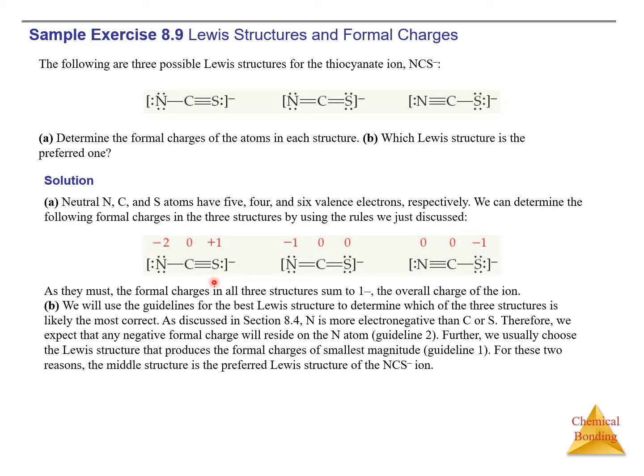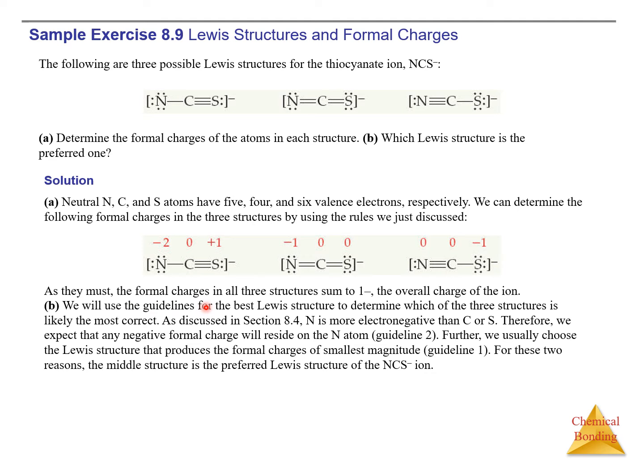For sulfur, group 6, 6 valence electrons, and here the electrons assigned are all the lone pairs, 2, and half the bonding, half the 6, 3 plus 2, 5. So 6 minus 5, it is +1. And in the same way, you calculate for the others.